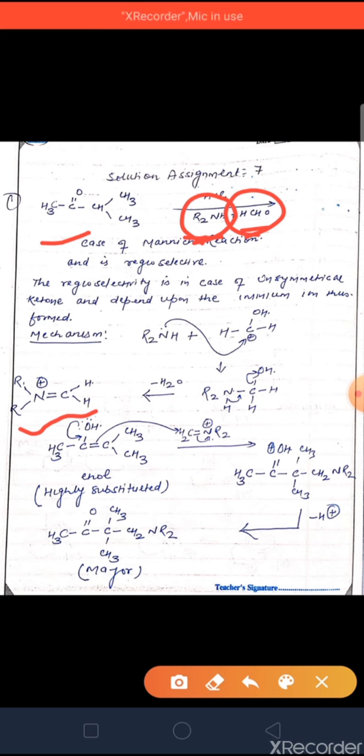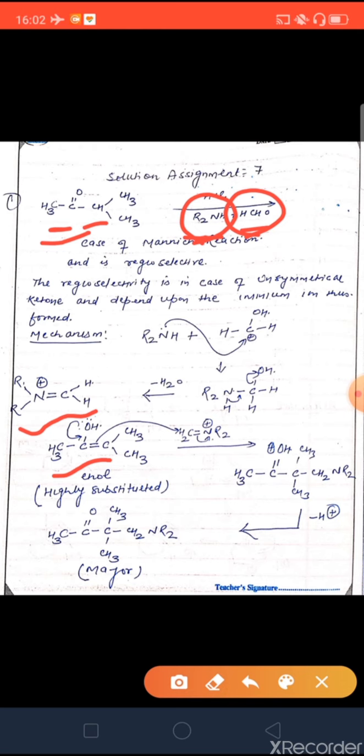we have the unsymmetrical ketone, and this will get converted into the enolic form. And regioselectivity is a very important part in this reaction, because this is an unsymmetrical ketone and the enol can be prepared from the CH3 position and from this position.